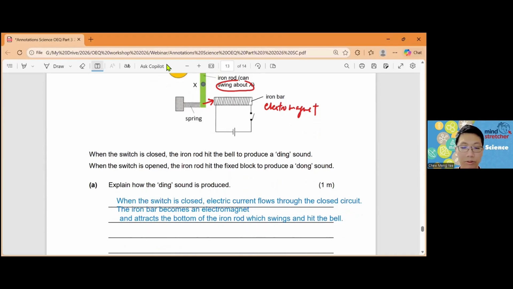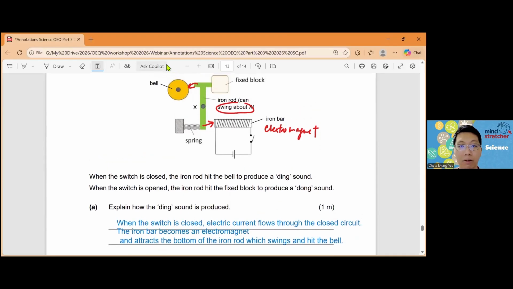Shorter. So again, it's about analyzing the setup. You must be able to understand what happens and how the ding sound is produced. All right. Now I'm going to move on.